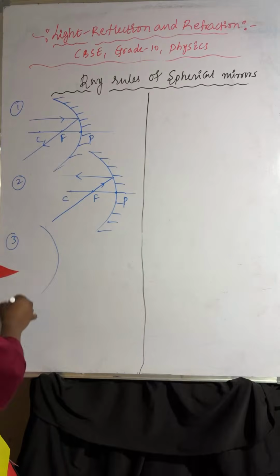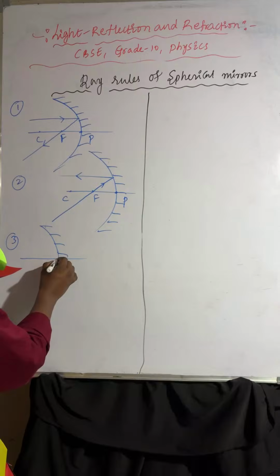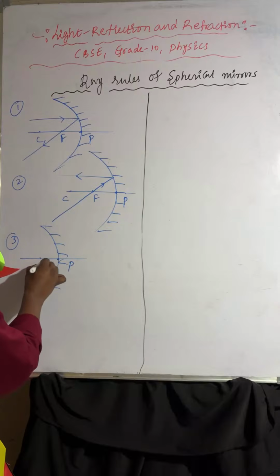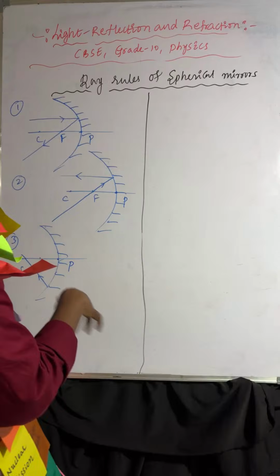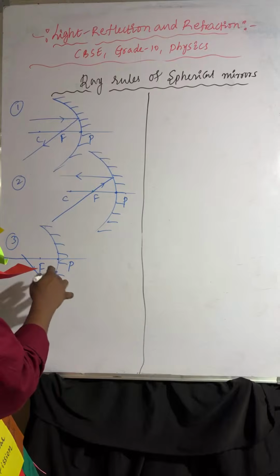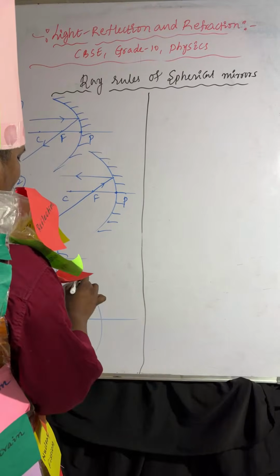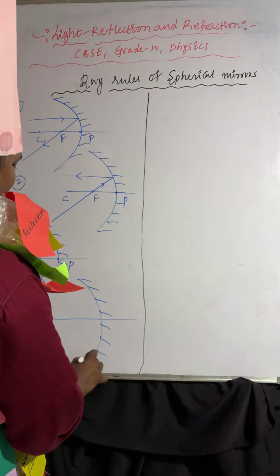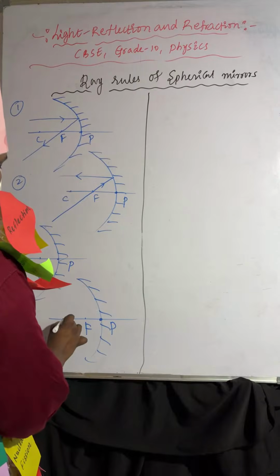Coming to the third one: this is the pole, focus, and center of curvature.